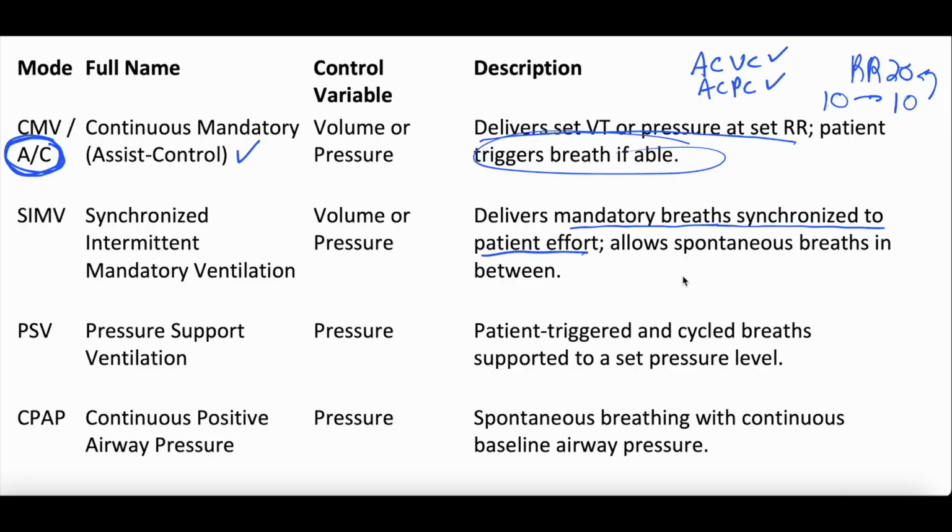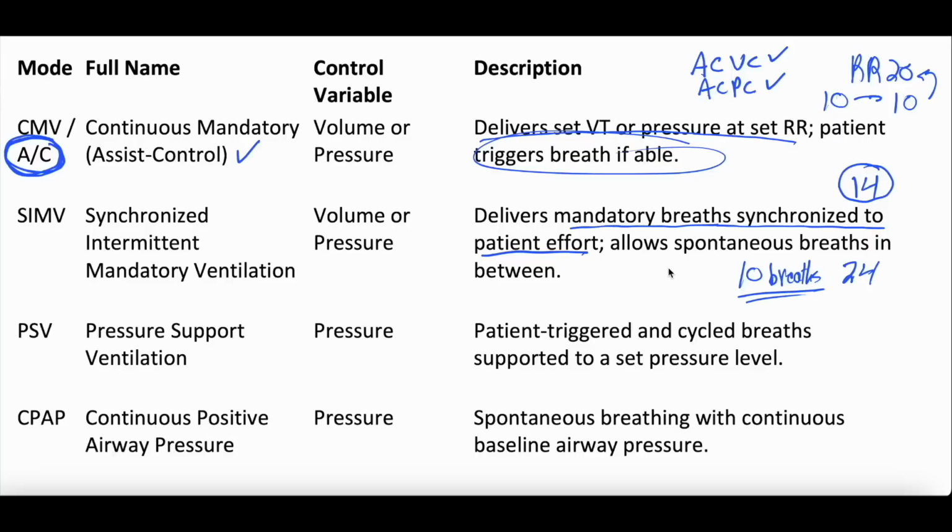But if the patient wants to take additional breaths, let's say I set the respiratory rate at 14. Okay, for 14 breaths, the ventilator will assist that patient. But if the patient wants to take 24 breaths, there will be 10 breaths that the ventilator will not assist the patient in. That's just the patient tries to suck air through the endotracheal tube.